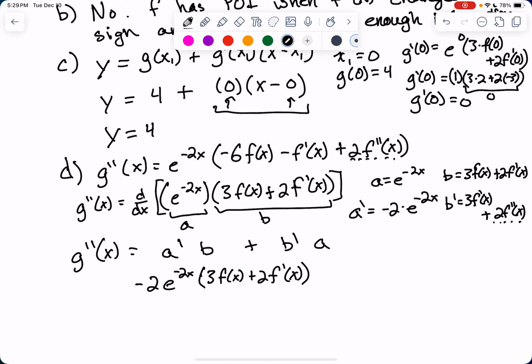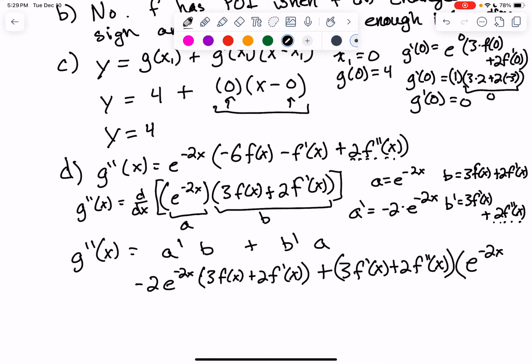And then we're going to have b prime a. So b prime is 3f prime of x plus 2f double prime of x. That's a whole group times a, which is the original e to the negative 2x.